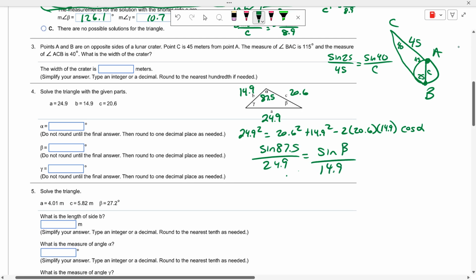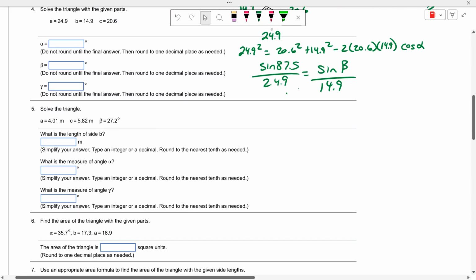Cross multiply, solve, figure out what beta is, then you figure out what gamma is by subtracting from 180. Number 5, we have a similar triangle, but it's side angle side now. So alpha, beta, gamma, 4.01, 27.2, 5.82. I did that backwards.